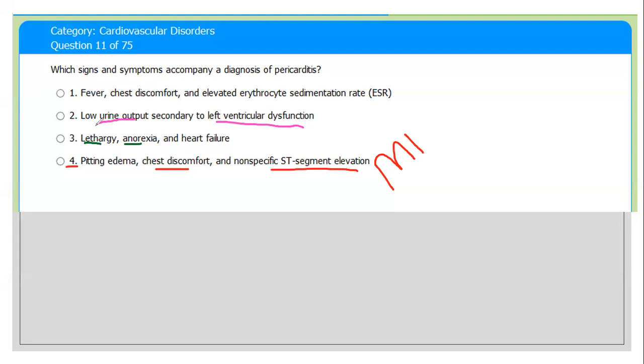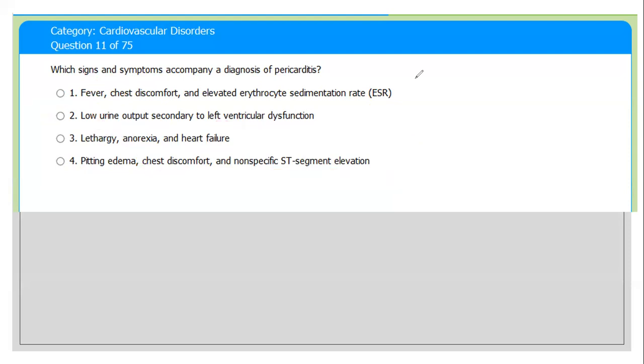So when we make sure number 4, number 3, and number 2 are not the answer, what remains? Only 1. Even if I'm not sure, it is still the answer because I'm sure the others are not. As I told you, inflammation signs include fever, pain or chest discomfort, and elevated ESR.